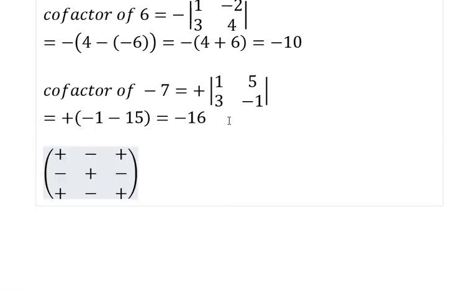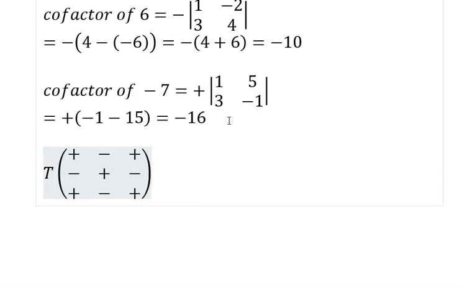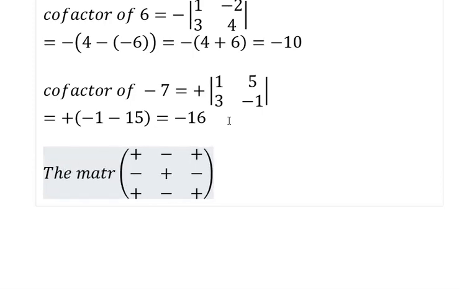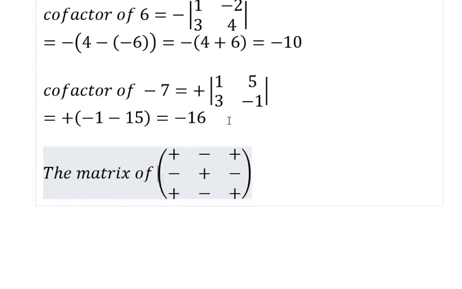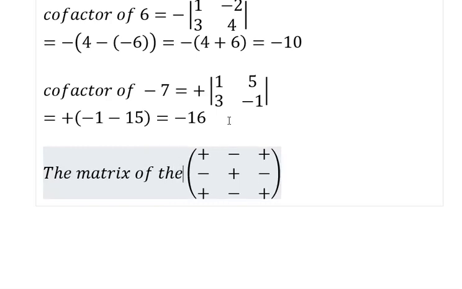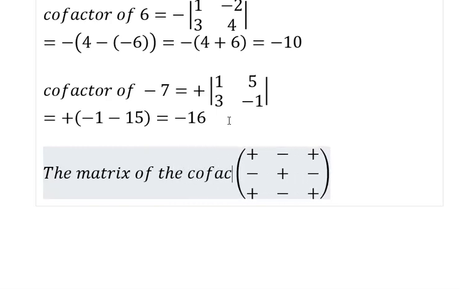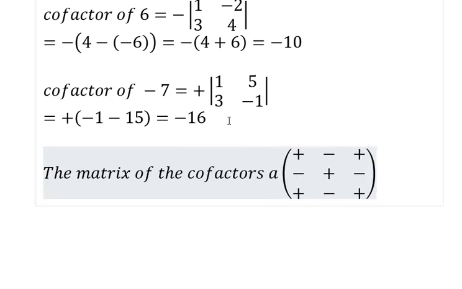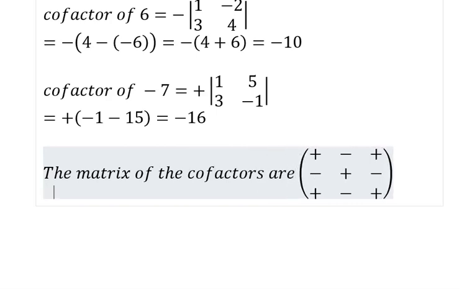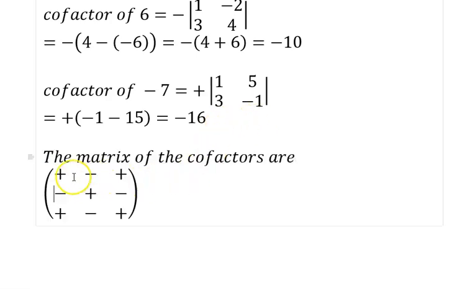So we say the matrix of the cofactors are... Just impute all the answers to the cofactors we have gotten.